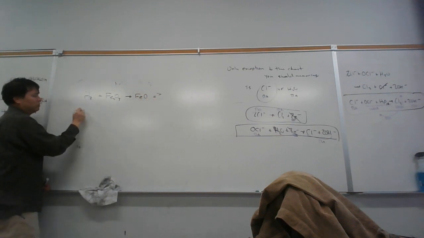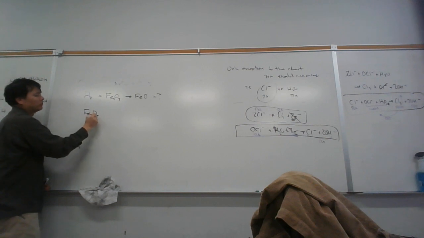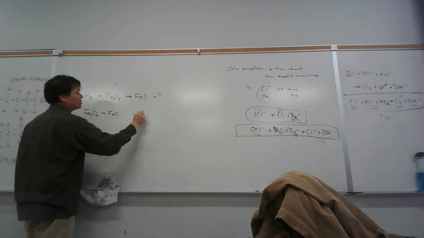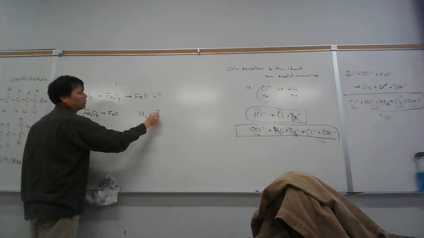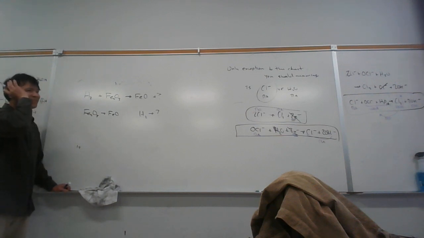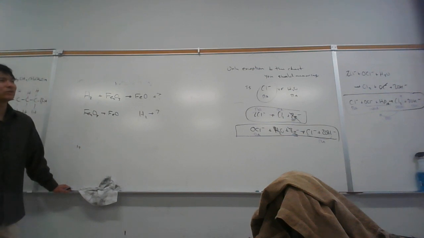The two half reactions I have are Fe2O3 goes to iron 2 oxide, and hydrogen goes to question mark. But we don't have to worry about hydrogen and oxygen, right? Hydrogen and oxygen are always balanced. We balance hydrogens by adding what? H pluses. So this one we don't necessarily have to worry about, but they tell us already what it goes to.